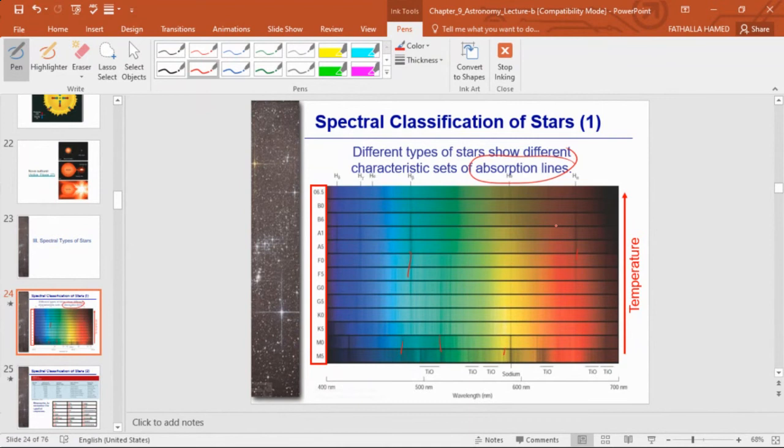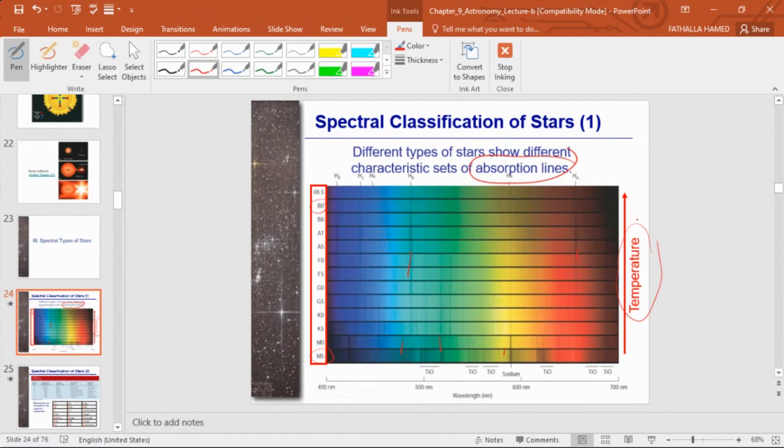So some stars sometimes give a similar spectrum. In these ones, you can see here that we give M all the way to V here. So we'll explain what these are. And you can see in this, we basically say temperature. So these are related to the surface temperature of the star as well.